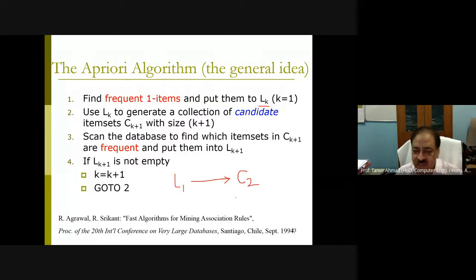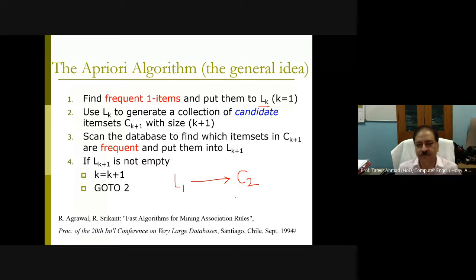Now what are C and L? L are the ones which have already passed the minimum support. Minimum support, sorry, not confidence, minimum support. I'm not considering the confidence at this moment. Now, what is C2? They are candidates which have been generated. I do not know whether they are frequent or not.